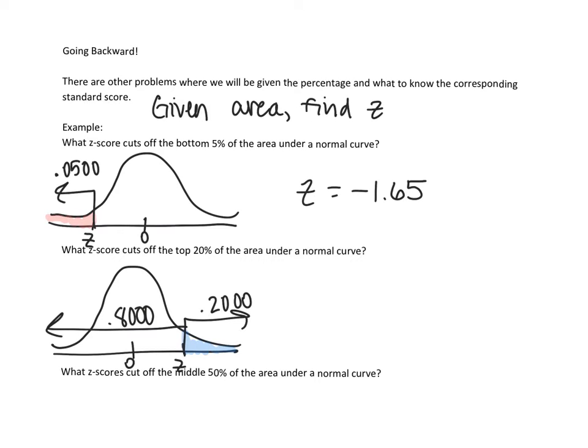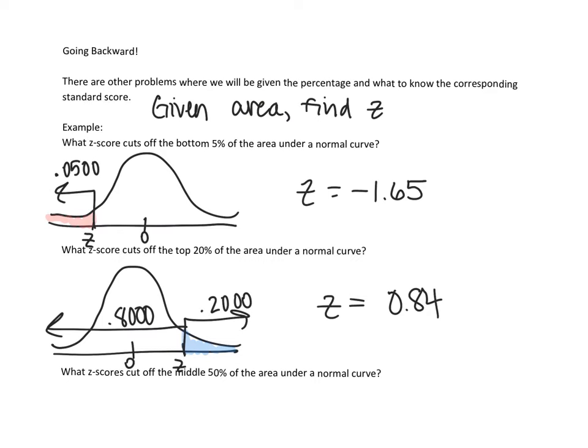Because remember, z-scores are always the area below the curve. So we're going to be looking for a positive z-score this time, because we're above the mean. And we're looking for something that's closest to 0.8000. And that's going to be 0.84.